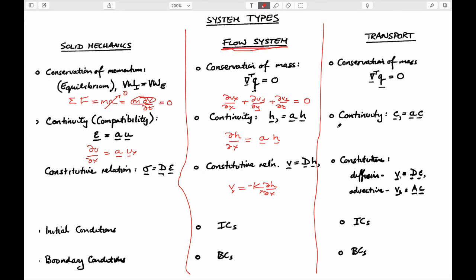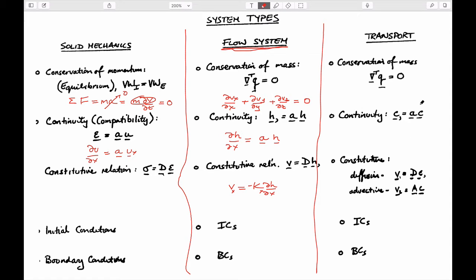And if you look at transport, same. Conservation of mass is still required. The conservation of mass here for flow is the amount of water or the fluid going in versus the fluid going out. Conservation of mass here is going to be the amount of mass of dissolved solvent going in and the amount coming out. Not the amount of water, but the amount of dissolved component.